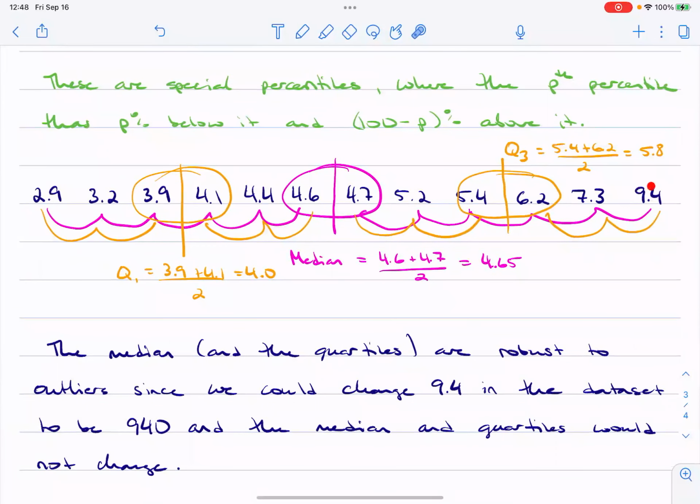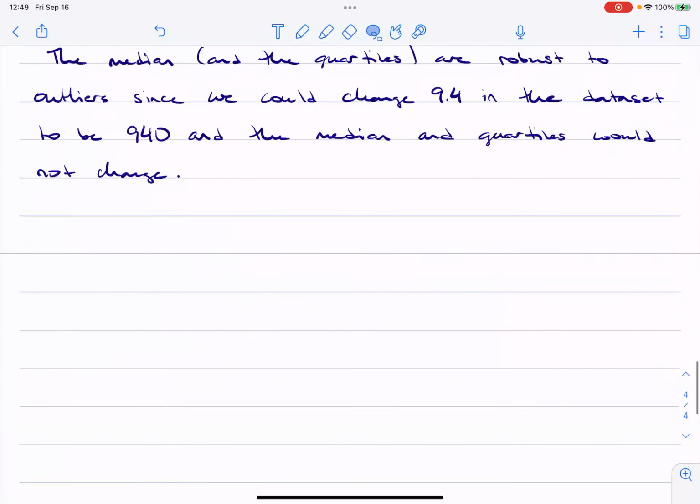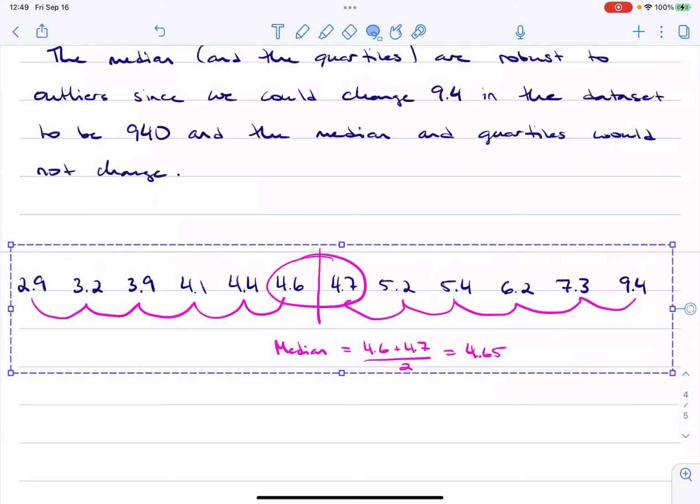What happens if I gray out this 9.4? So we're going to ditch that 9.4 altogether. And I know I'm out of time. Sort of.